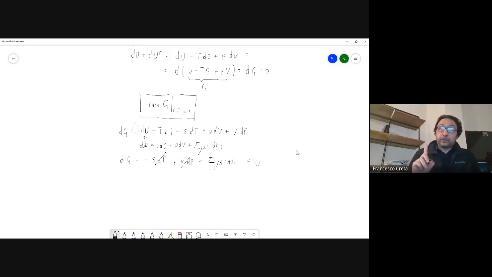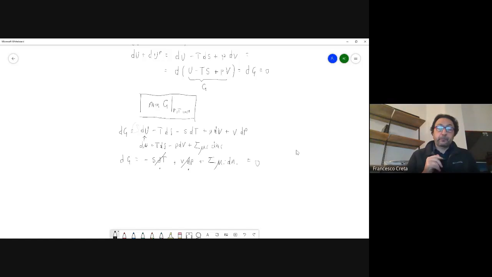Now, try to follow this for a second. Suppose, however, that we always keep the temperature and pressure constant. That's a fact. So these two terms are always 0. If we keep the composition also constant, then also this term is 0, and this is trivial and boring. But suppose that I perturb the system.